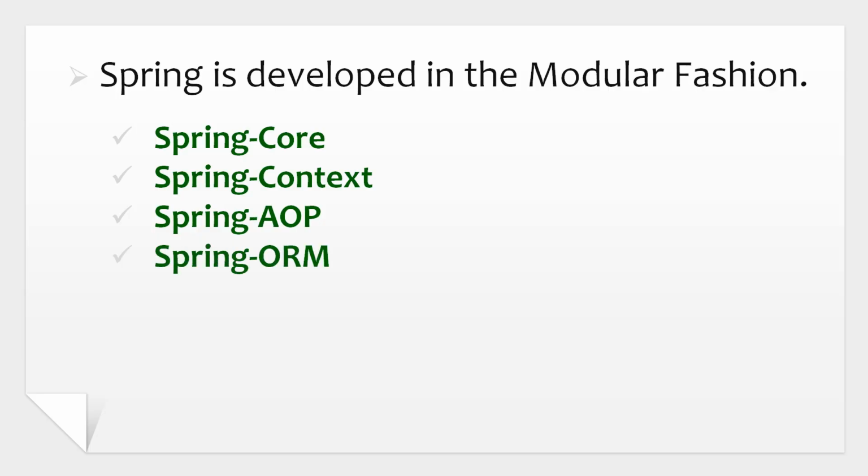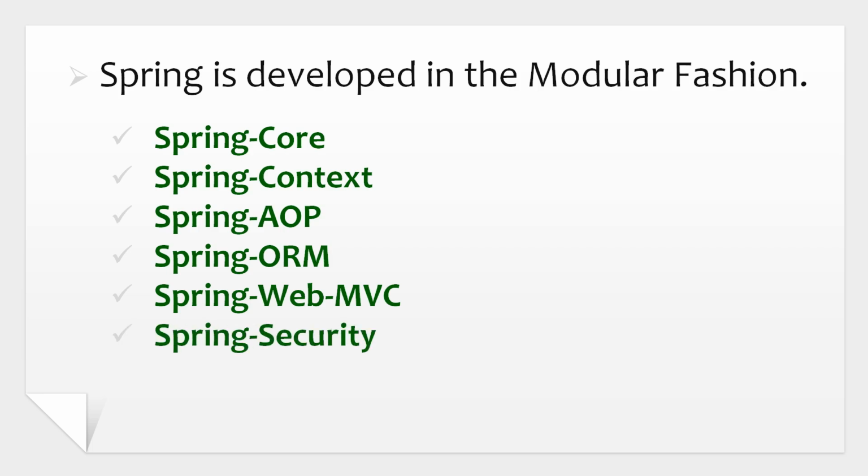Spring ORM: this module is used to develop the persistence layer and it is used to represent the data in the form of objects. We can also integrate Spring with ORM frameworks like Hibernate, JPA, etc. Spring Web MVC: this module is used to develop web applications.